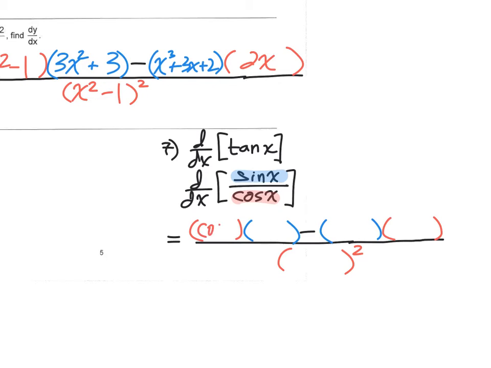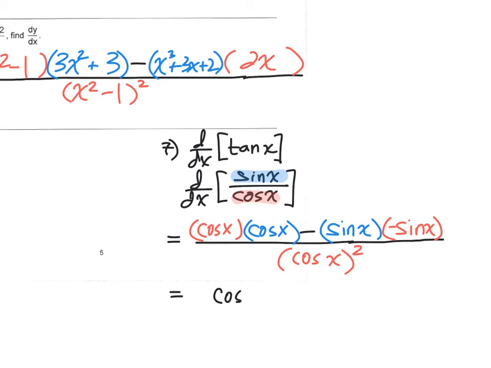So low is cosine of x. What's my d high? Cosine of x again. Minus high, sine of x, negative sine of x. Over the denominator squared, so cosine of x as a quantity squared. Mr., can we do 6? We will. Yeah.